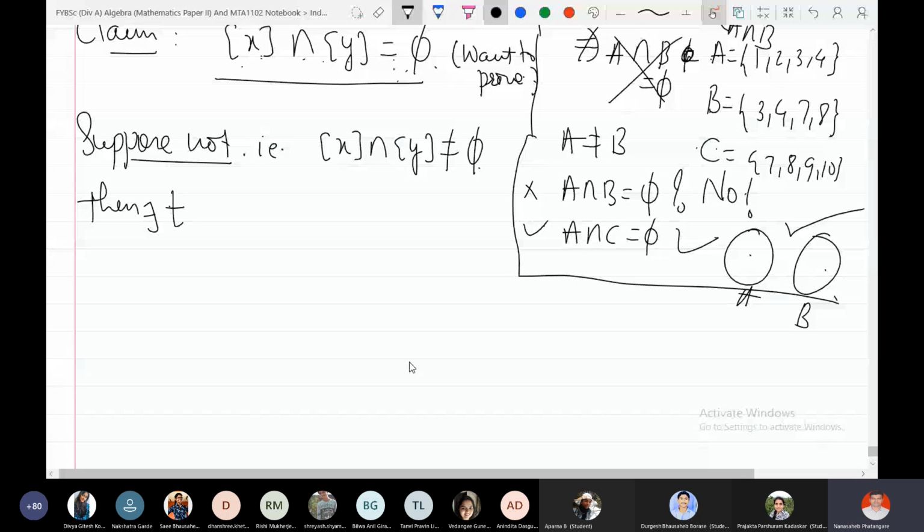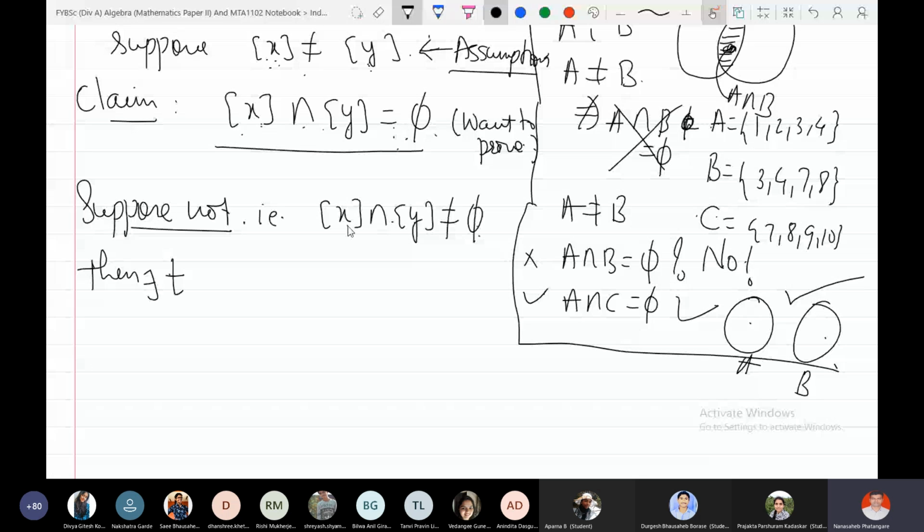So immediately, naturally, when we say that two classes have non-empty intersection, these two classes are not disjoint. So what comes naturally? There is at least one element in common. So there exists t, which is in the intersection. Then naturally, what comes?